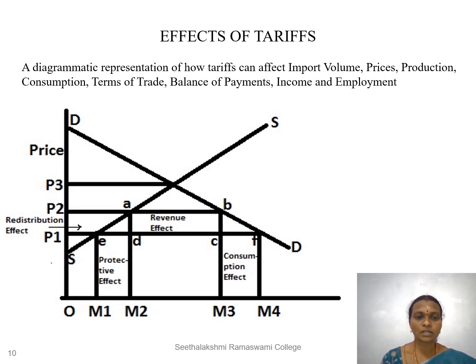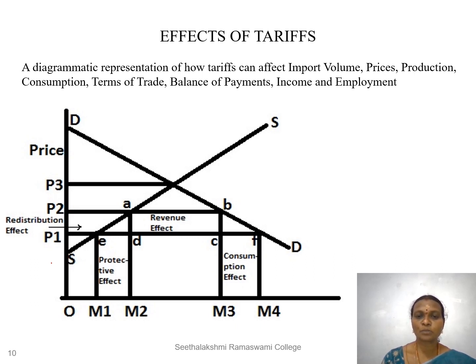This is the y-axis, which represents the price of the commodity, and this x-axis represents the quantity demanded of the goods. Here S is the domestic supply curve of the domestic country, DD is the demand curve of the domestic country, and P1F, this horizontal line, is the world supply curve.